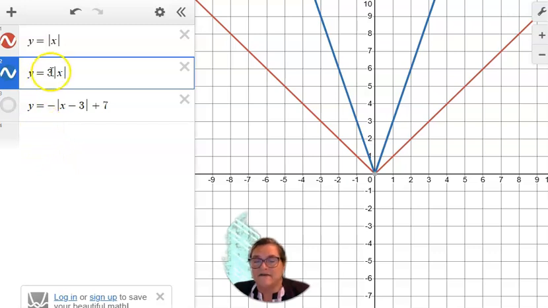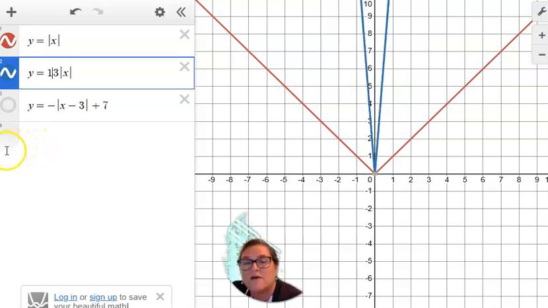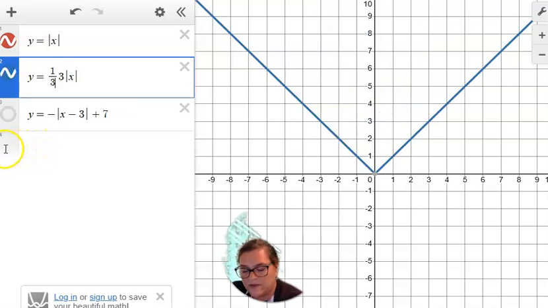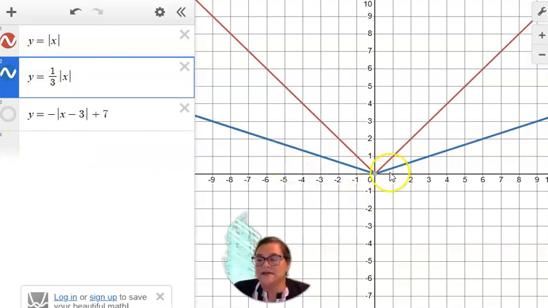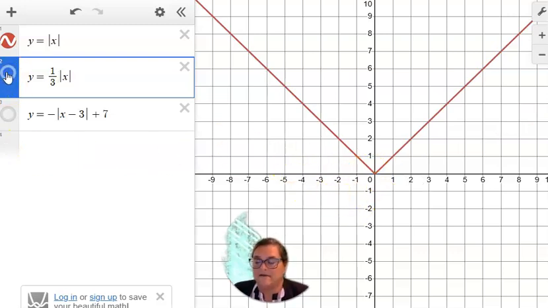If instead of a 3, I were to do a 1 over 3, so 1/3. Okay, now we can see compared to the parent graph, there's my parent graph with a slope up 1 over 1. The 1/3 changes that slope to up 1 over 3. So it's widening that V shape.